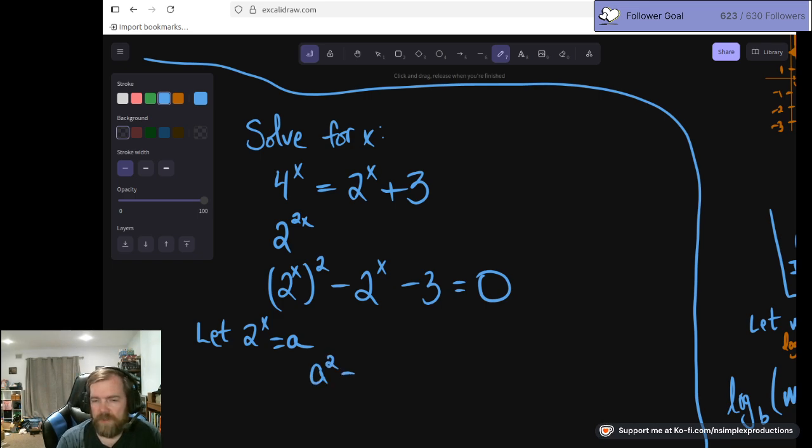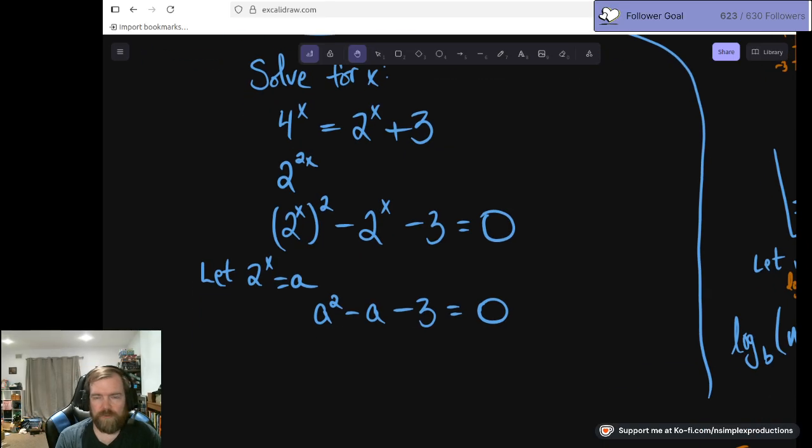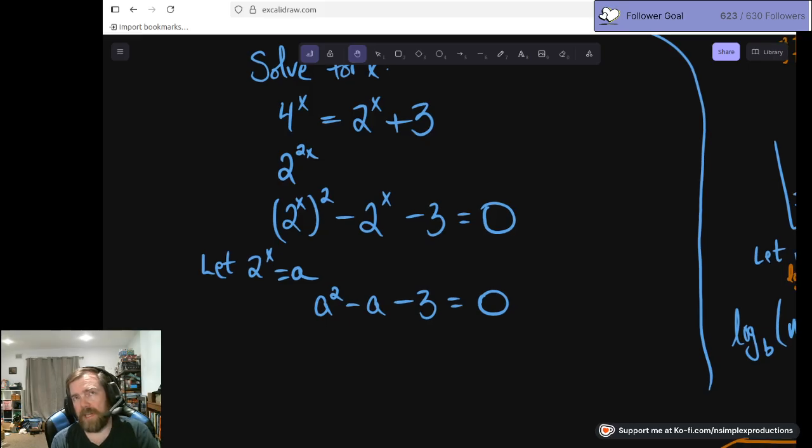So now we've got a squared minus a minus 3 equals 0. That's way easier. Right, so now we can solve a quadratic rather than having to solve an exponential or a quadratic exponential.